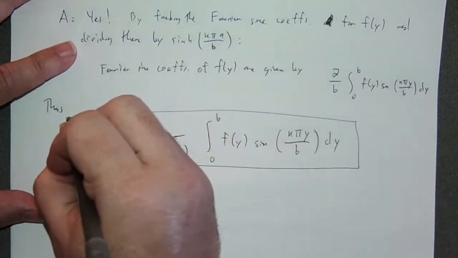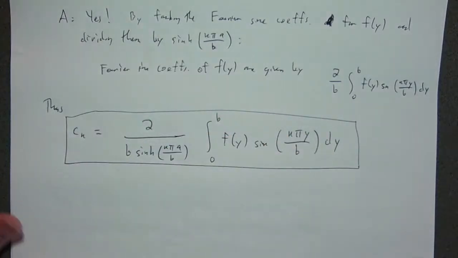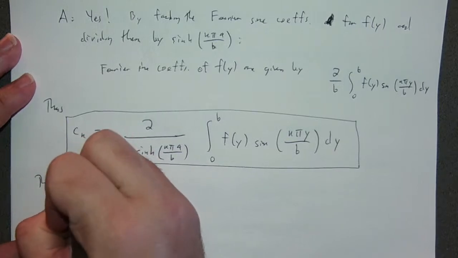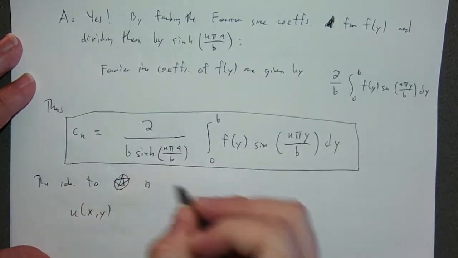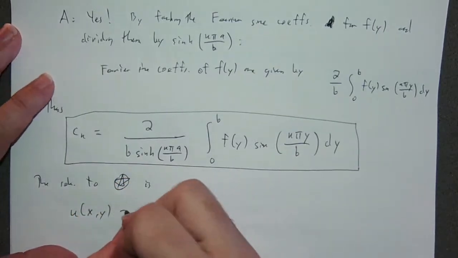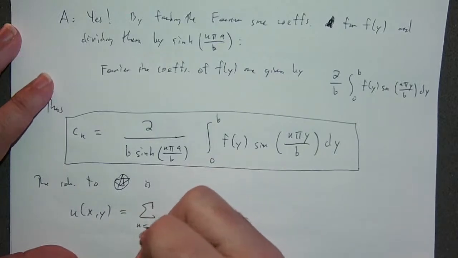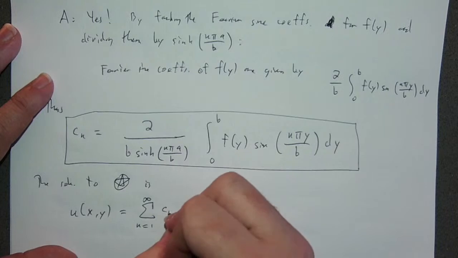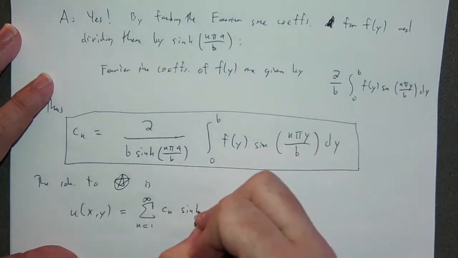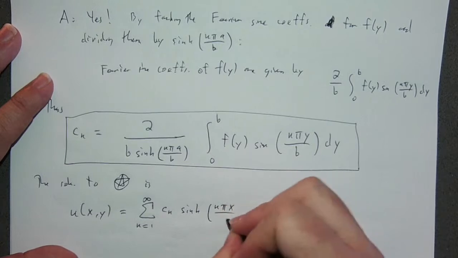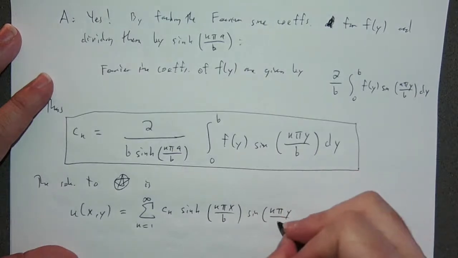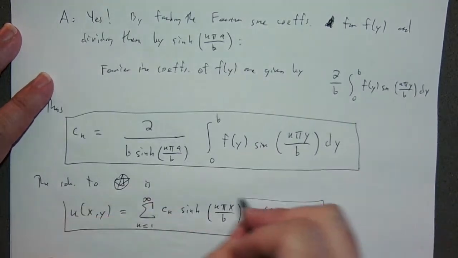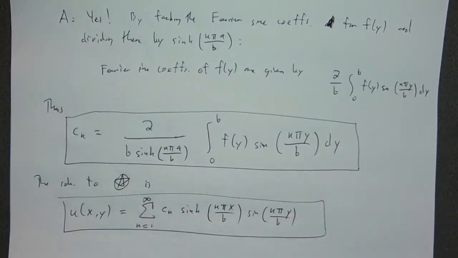So if I choose these c sub n's as my coefficients, the solution to star is u of x, y, which is the sum from n equals 1 to infinity of c sub n sinh of n pi x over b sine of n pi y over b, where the c sub n's are given by this formula.